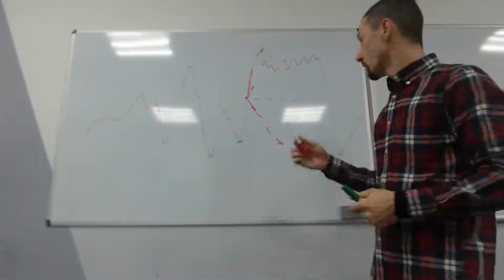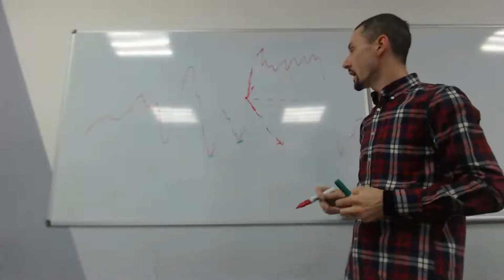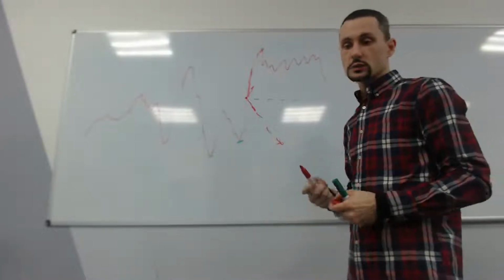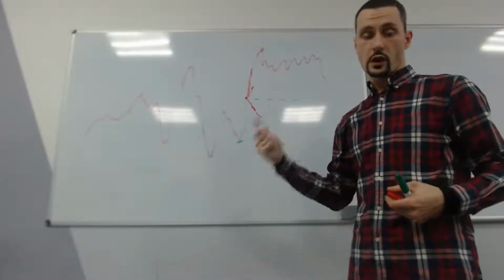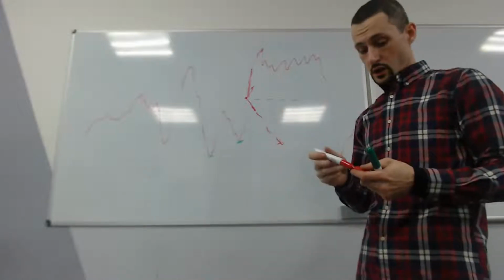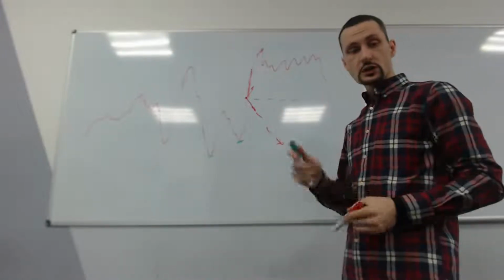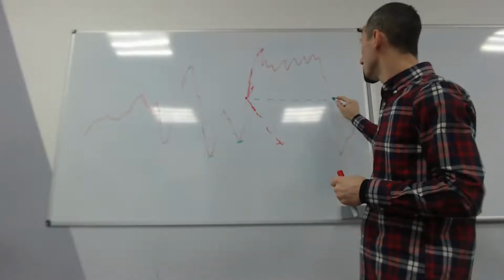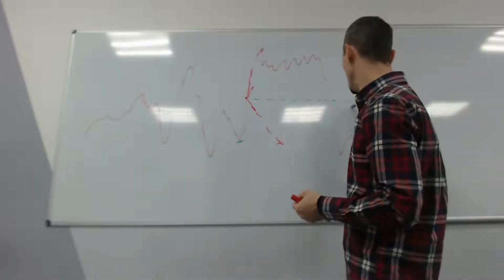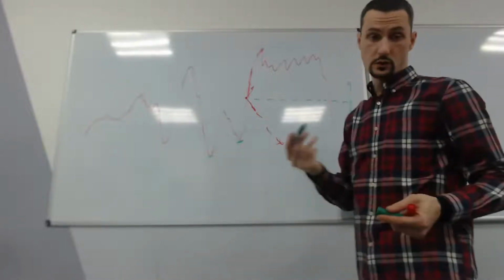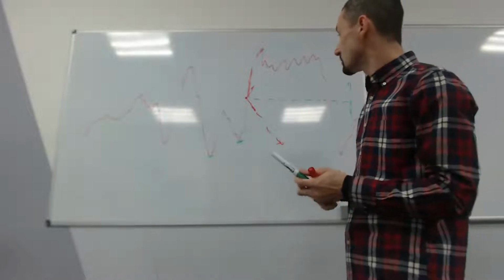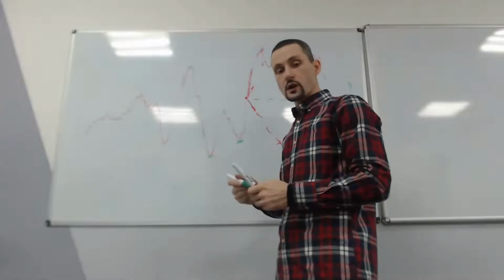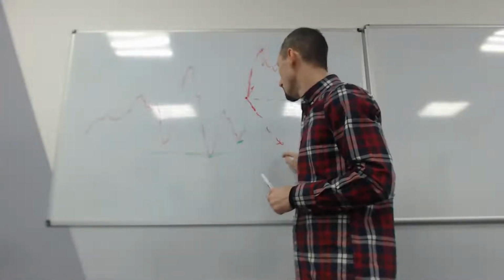Okay, so at this point, we don't know what will happen with the variability. What is the probability of moving up or down? What expiration time should we take to make a deal with the most probability to get it profitable? That is the question here. And yes, we sure know that here, for example, we have support lines.